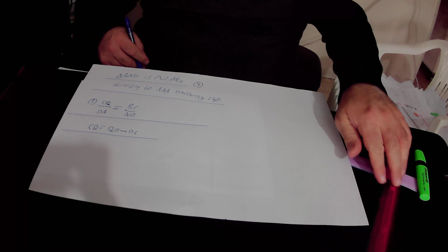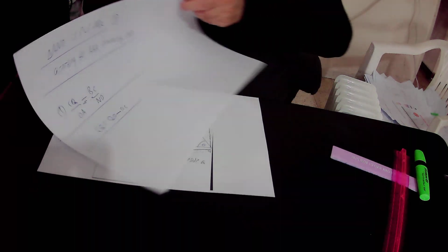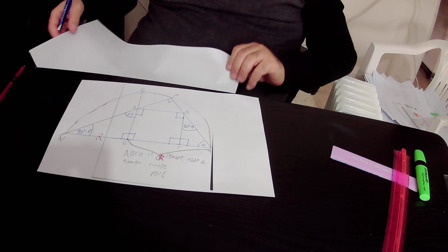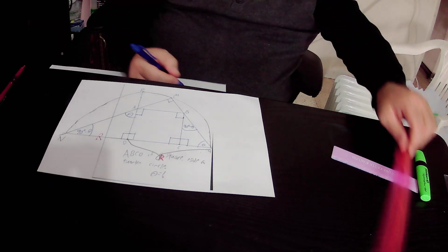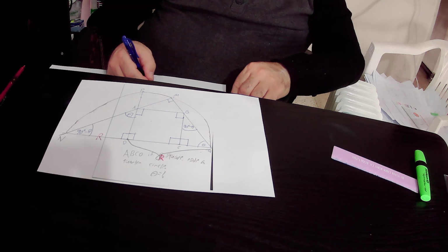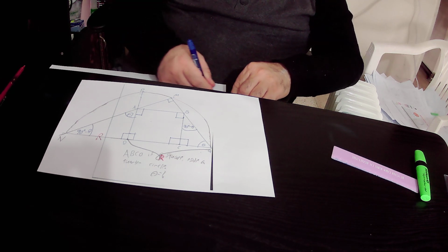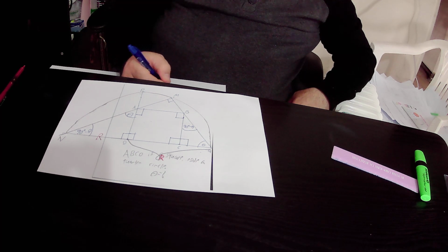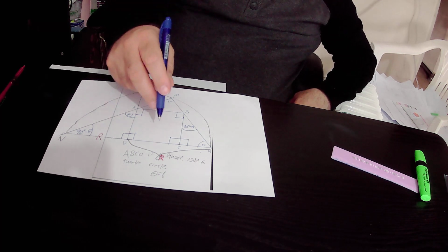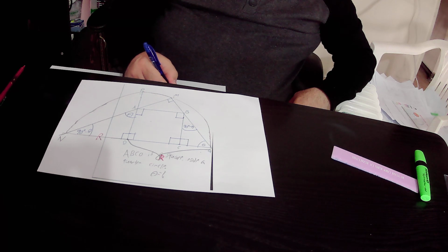CQ equals QO minus OC, so CQ is equal to QO, that is R, minus OC. We define OC as A, so CQ will be equal to R minus A.